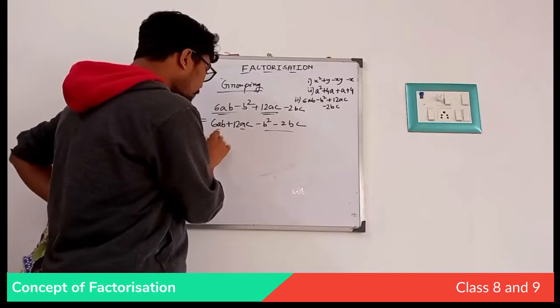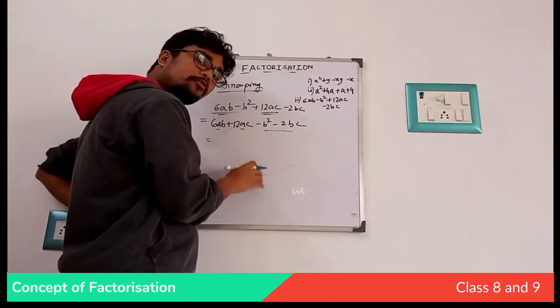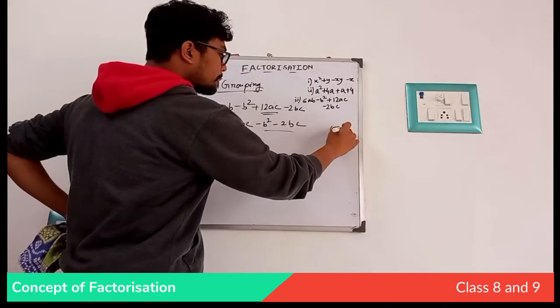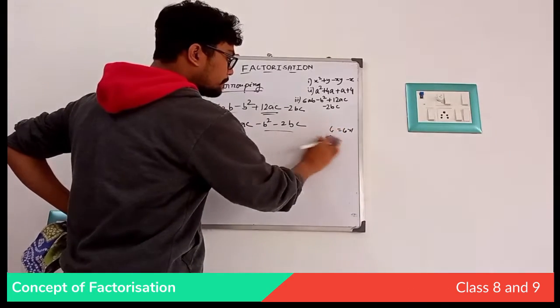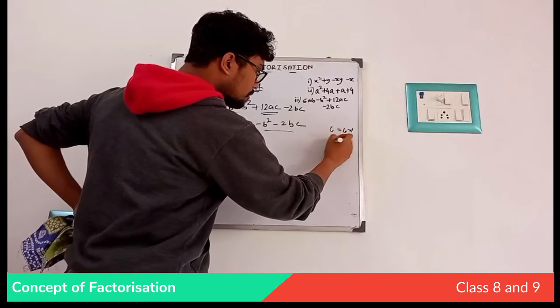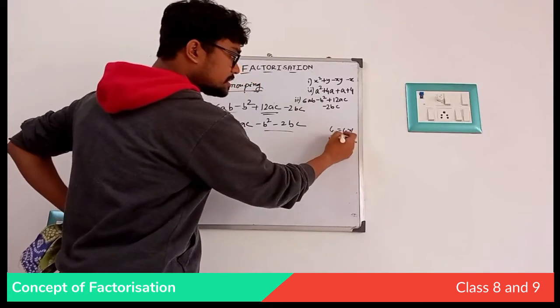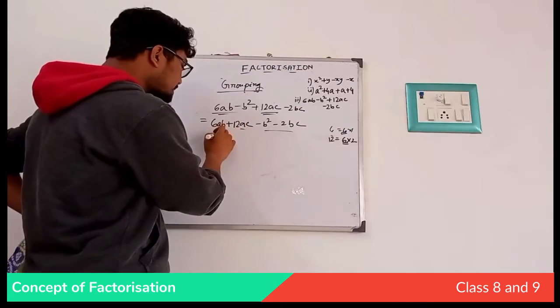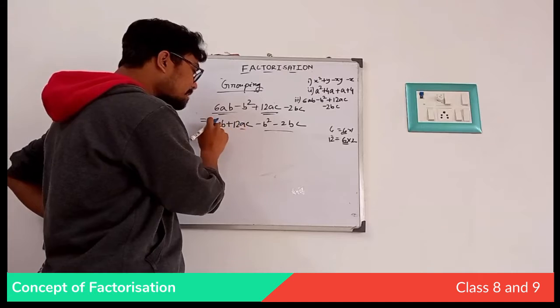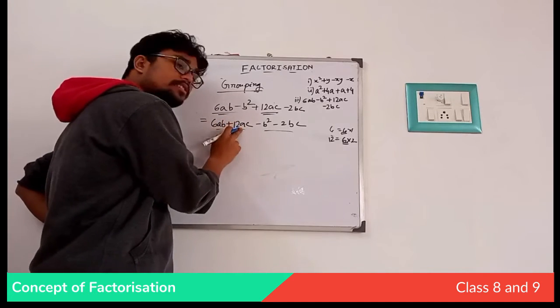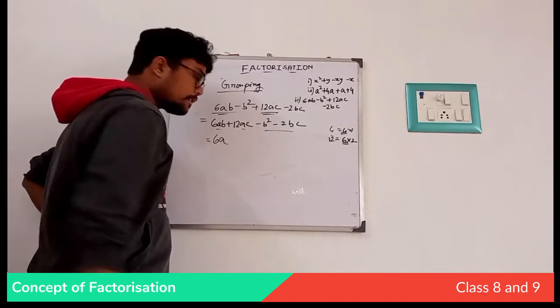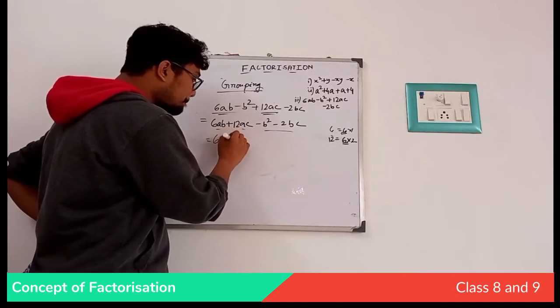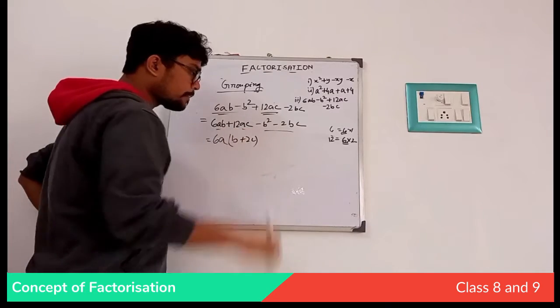If I take common, what is the common part between 6 and 12? This 6 is a common part. So if I take 6, and here a is also present, we will get b plus 2c.